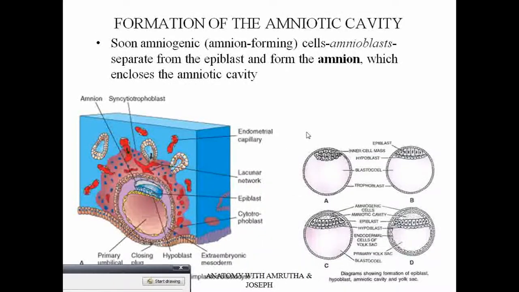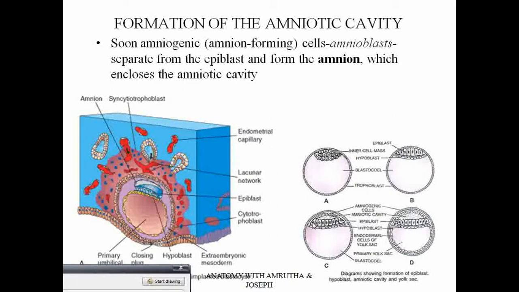Now let's see the formation of the amniotic cavity. Soon amniogenic cells, called amnioblasts, separate from the epiblast. So here the amniogenic cells are getting separated from the epiblast and form the amnion, which encloses the amniotic cavity.